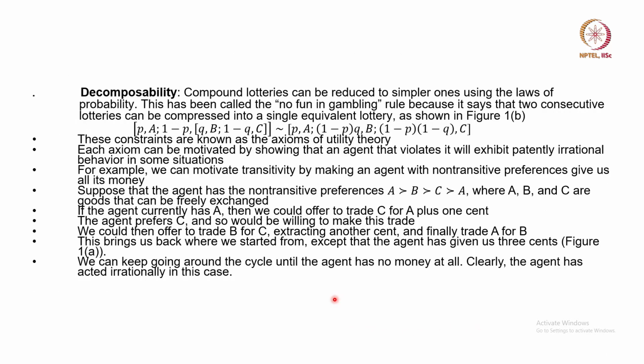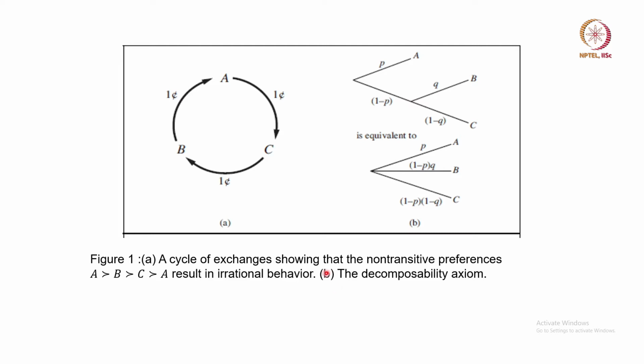So this you can see here in this figure. You have A and B, and this one is a complex lottery, so you have Q and 1 minus Q over here. So this is equivalent to saying this has probability P, this has probability 1 minus P, and this has probability (1 minus P) times (1 minus Q) basically.